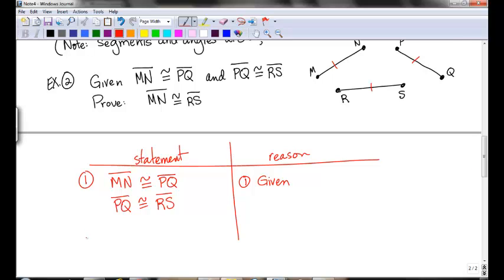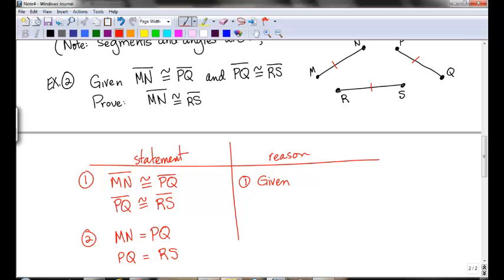So MN is equal to PQ, and PQ is equal to RS. Okay, so now you got to look from this. MN is congruent to PQ, and MN equals PQ.